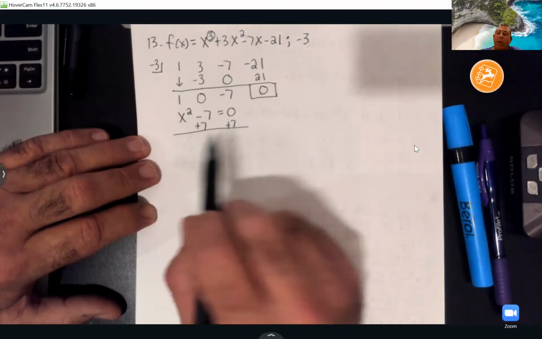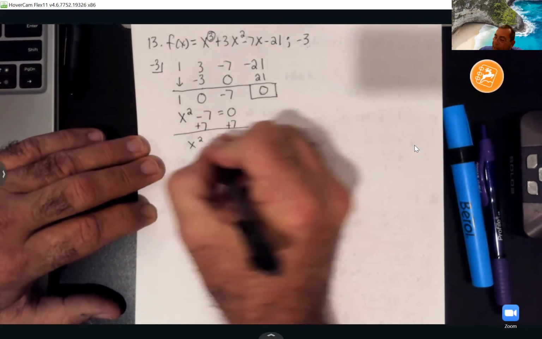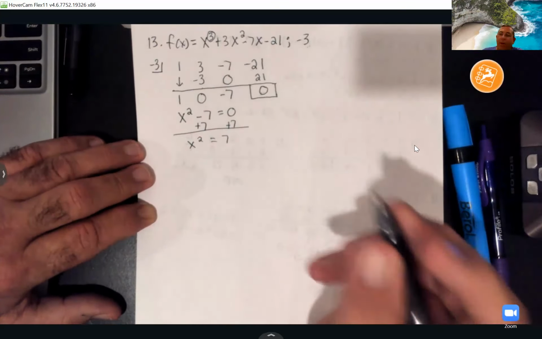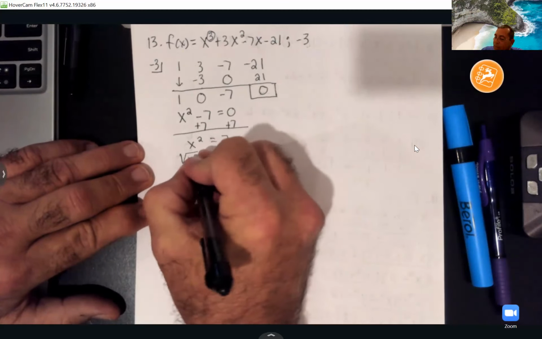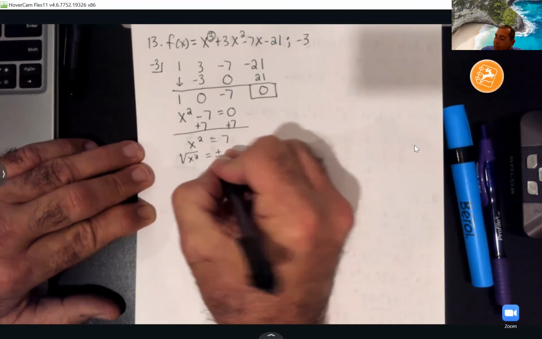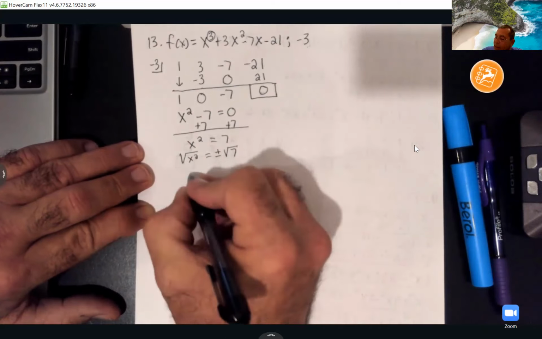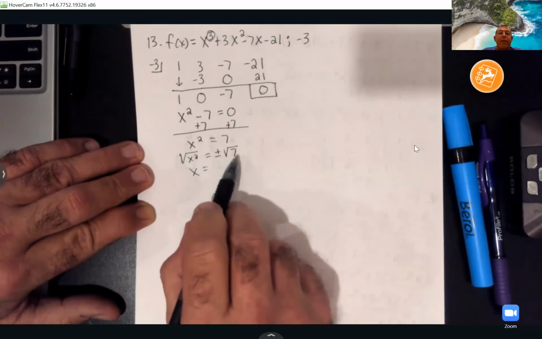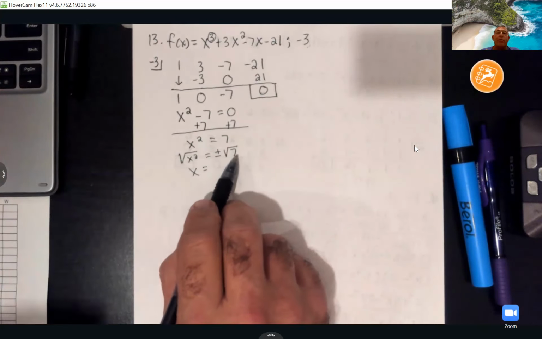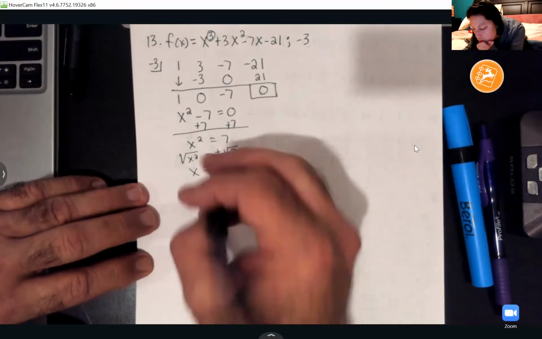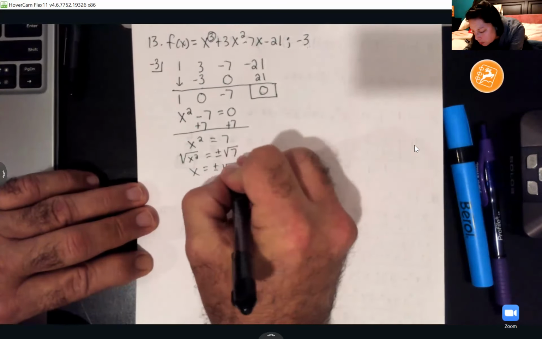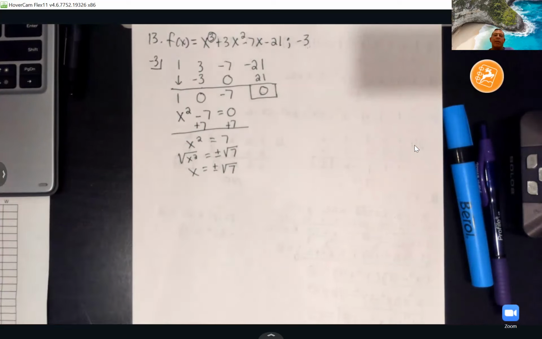You would have to do the square root. So we get x squared equals 7, and it's going to be plus or minus the square root of 7. Can you do anything to that? No. So that's going to stay plus or minus the square root of 7.